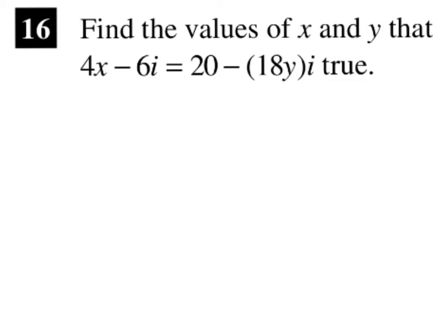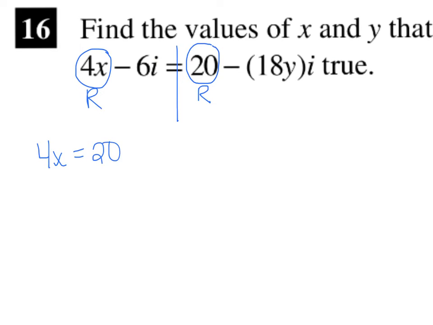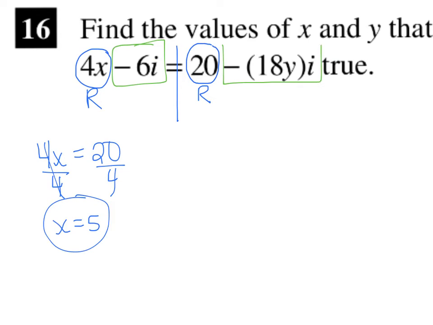To solve for x and y, I notice x is a real number on the left, and 20 is a real number on the right. So let's set those equal to each other and solve. When we do that, we get x equals 5. Now let's set the imaginary parts equal to each other.